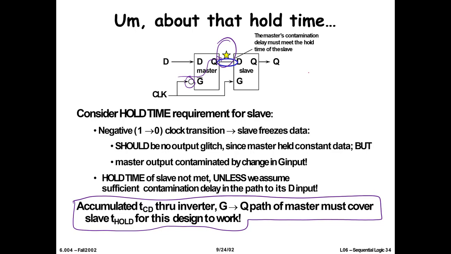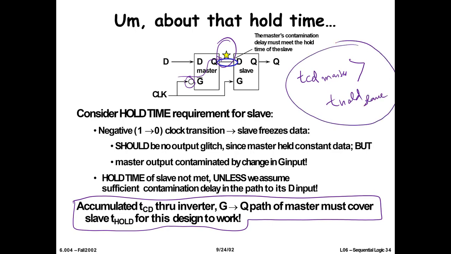What it says is that the contamination delay of the master should be greater than the hold time of the slave. What if I explain it in simple English? It will say something like this: TCD is the old value.